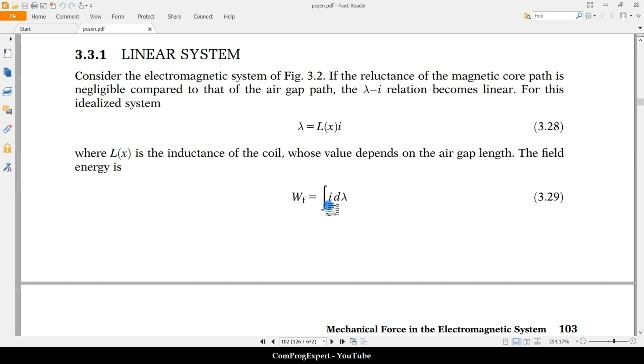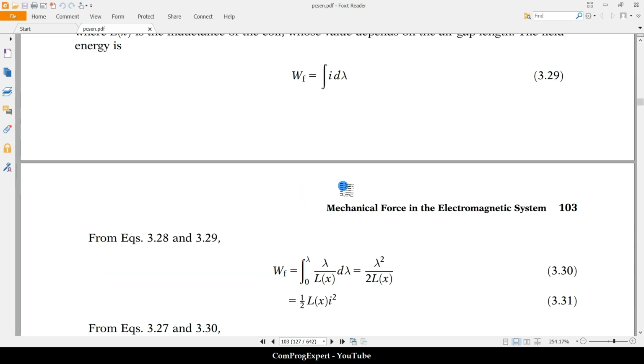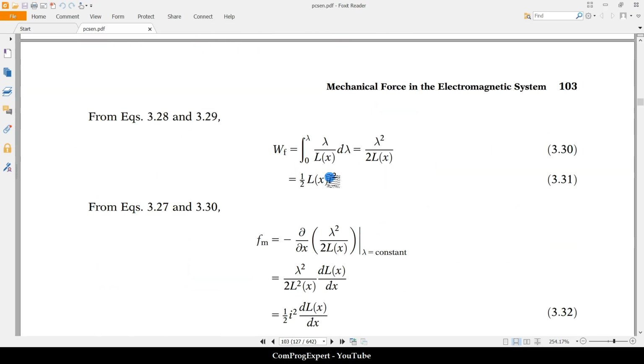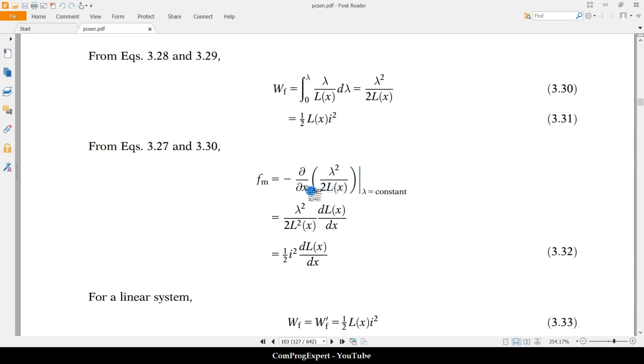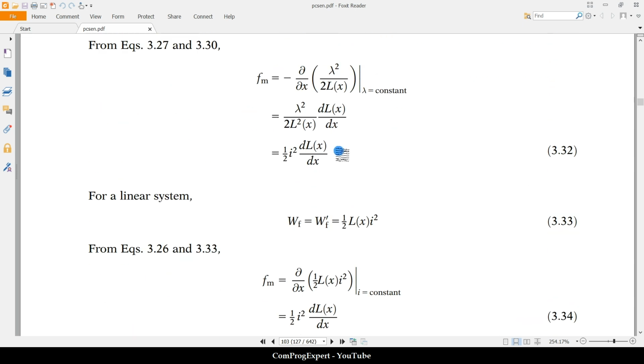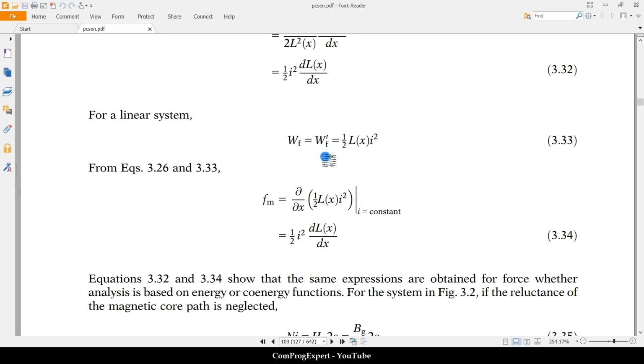If you use the integral equation for calculation of the energy, the integral of i d lambda, and replace the value of the current, we will have this equation. And if you take the partial derivative of this function, we have this equation: 1/2 i squared times the derivative of the inductance.